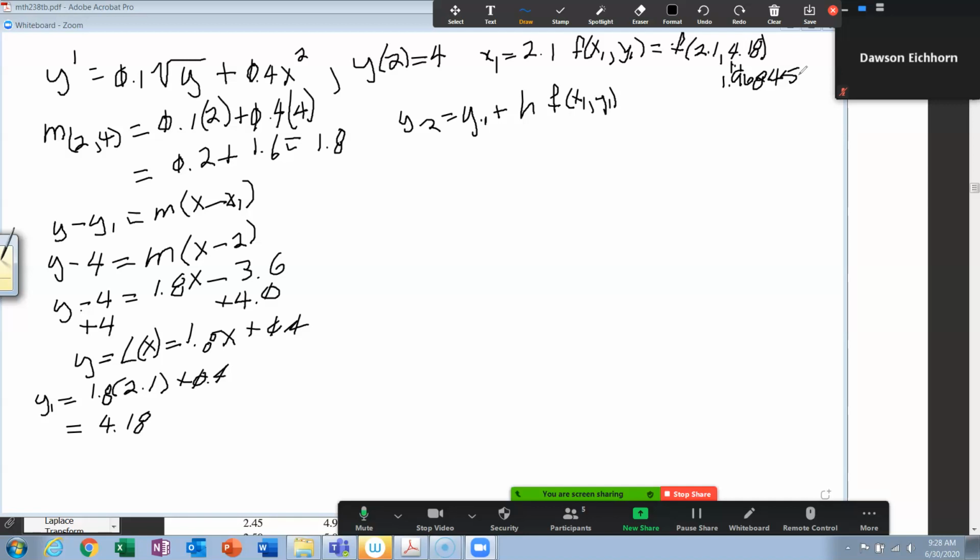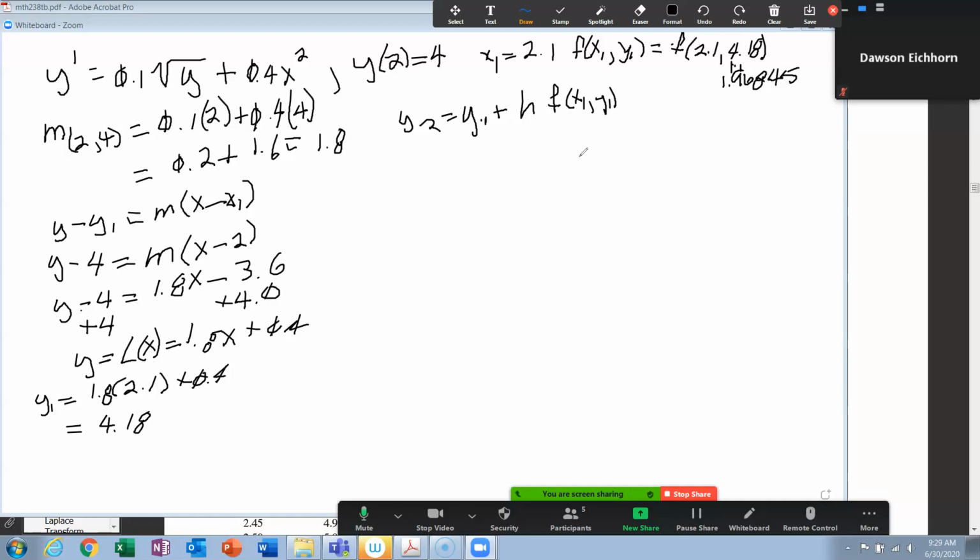That's your f right there. So I'm going to multiply that f that I just calculated times 0.1, that's our step size, and then add to that our y1, which was 4.18. There's our y2.